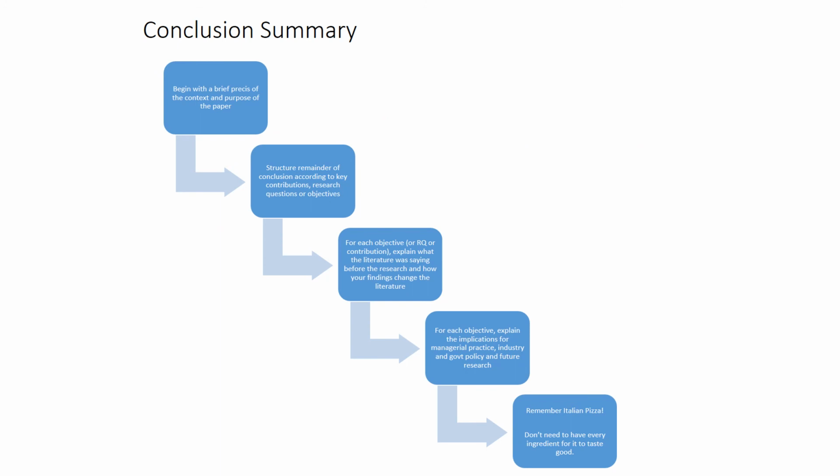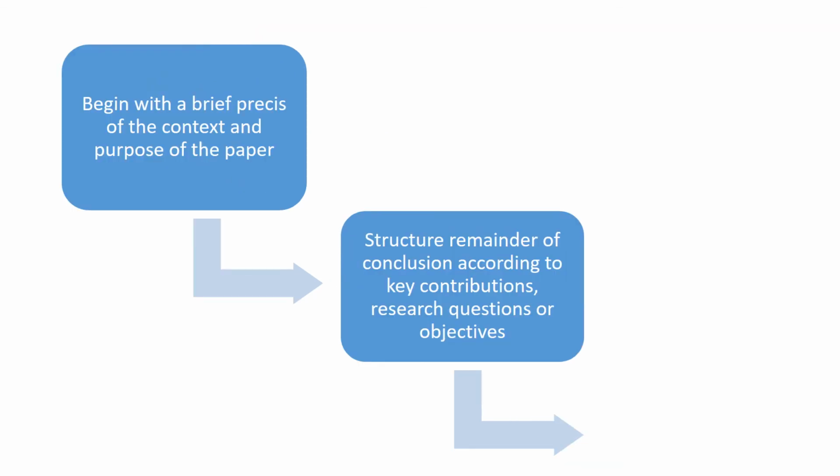Okay, here's a 5-step summary of the conclusions. The next 3 slides will show an expanded view of that. So, begin the conclusions with a brief précis of the context and the purpose of the paper. That leads on to the remaining part of the conclusions, which is structured according to the key contributions or the key research questions or the key objectives.